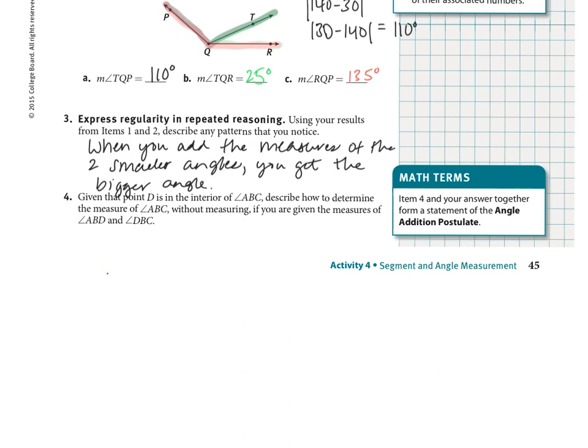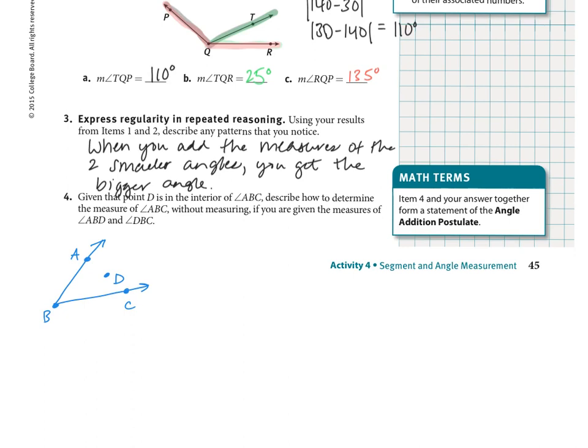We have point D, so I'm going to label it point D, and it's on the inside of angle ABC. So I'm going to create angle ABC. Remember, the second letter, the innermost letter, is going to be at the vertex. So that's point B.